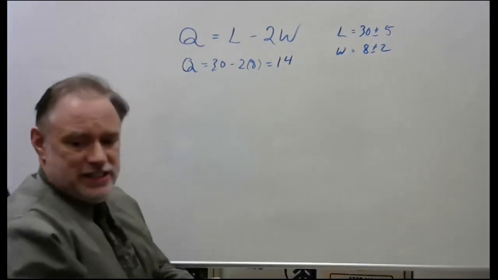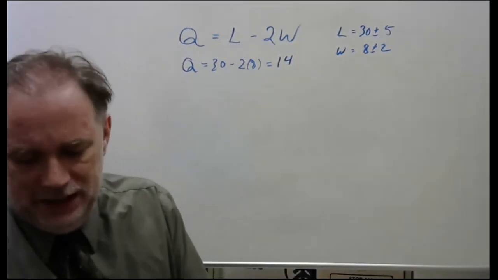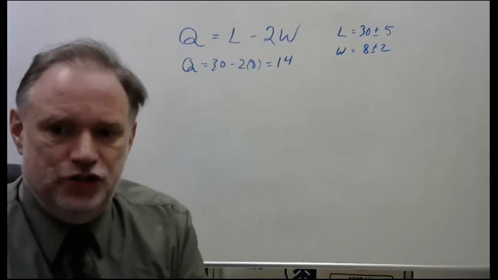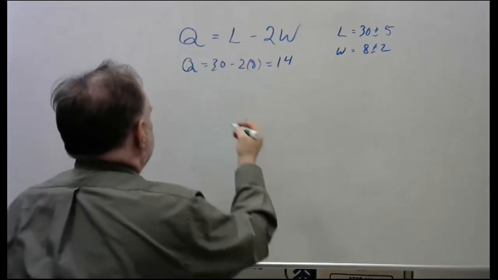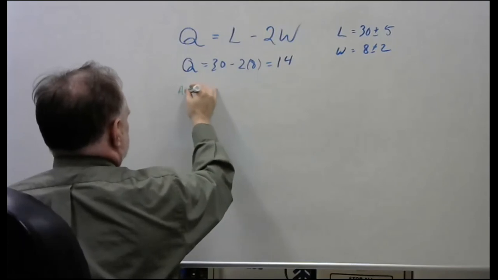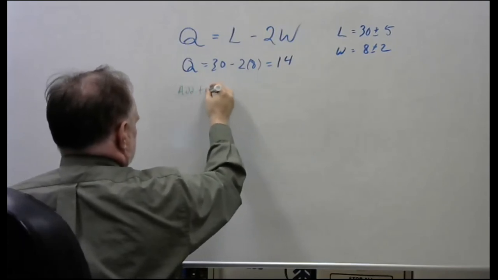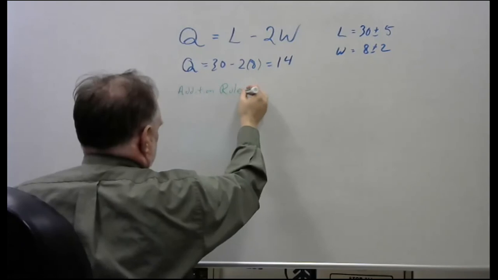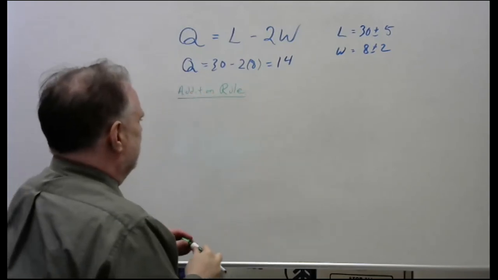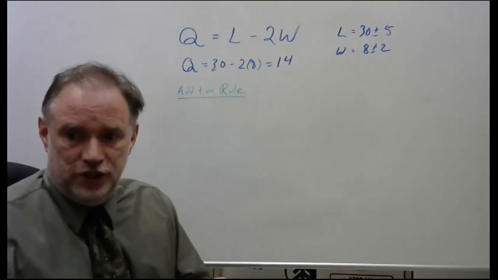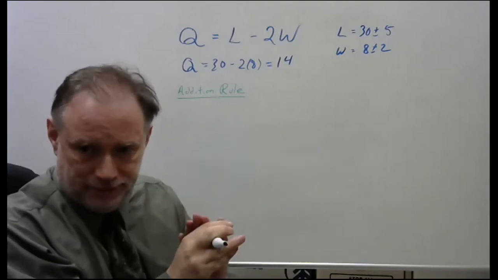And now we want to find sigma Q. Well, you still are going to write terms, but for the addition rule it's a little different. Instead of writing a ratio, you just write sigma squared.